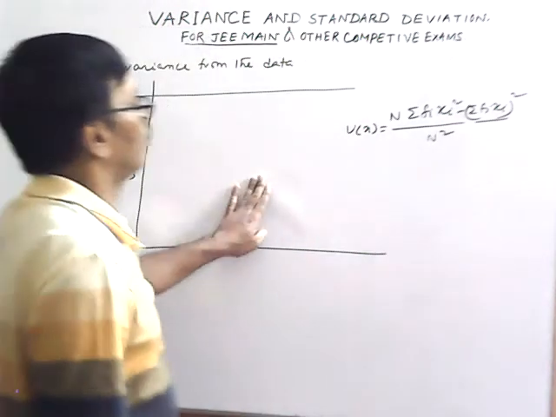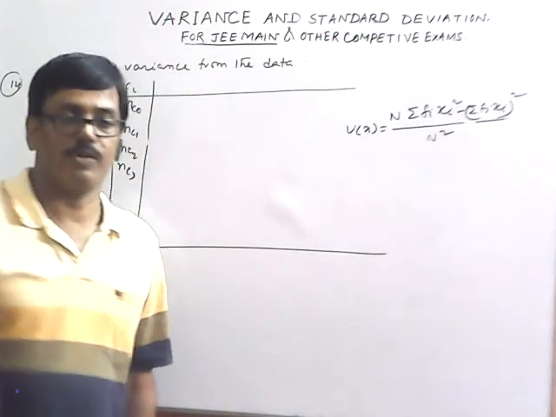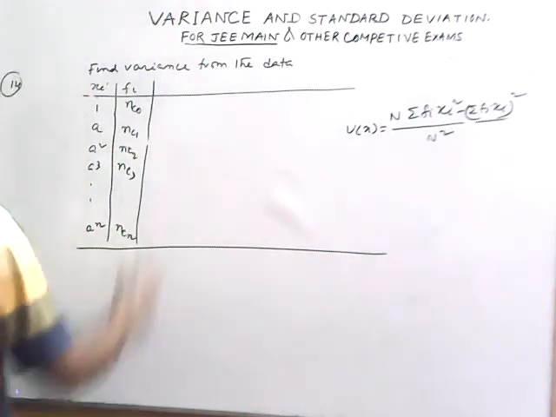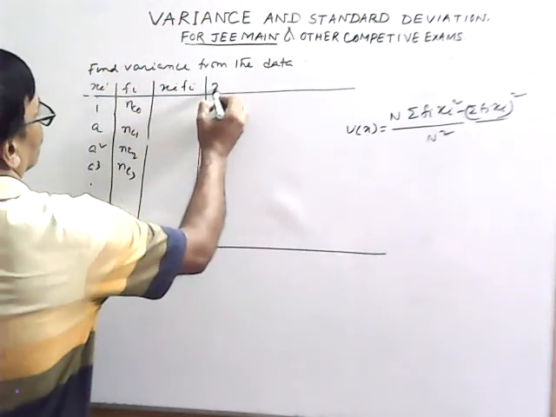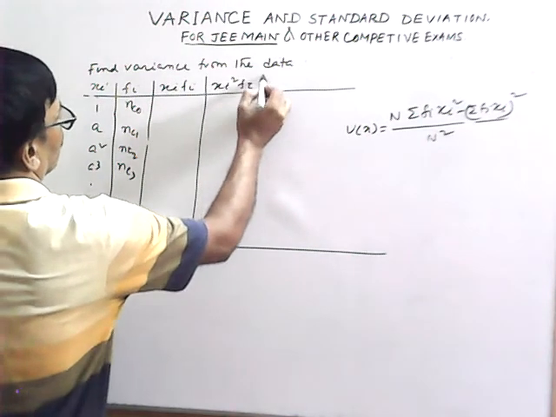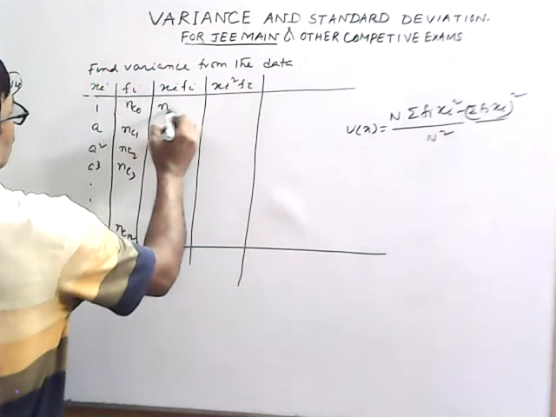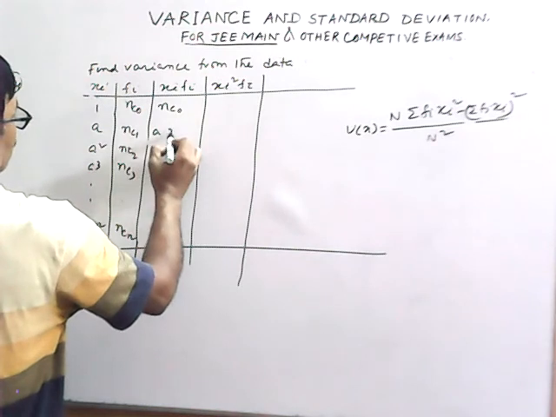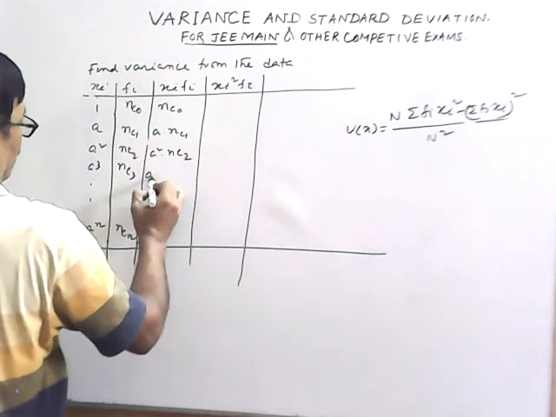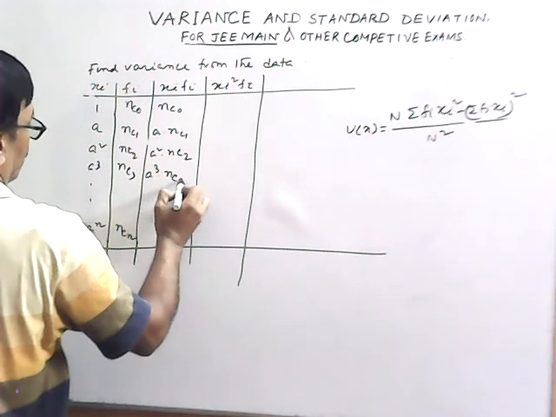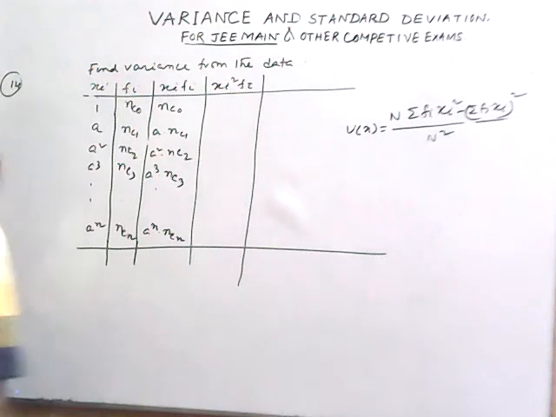So we have to calculate the summation of fi xi and fi xi square. So complete the table. So this is xi, fi, and xi square into fi. Now nC0, a into nC1, a square into nC2, a cube into nC3, dot dot, a to the power n into nCn.